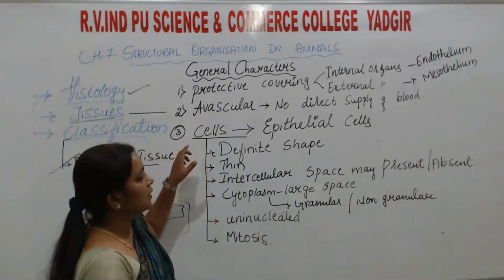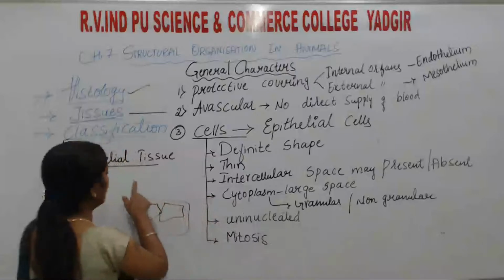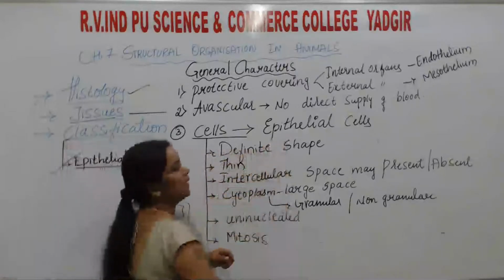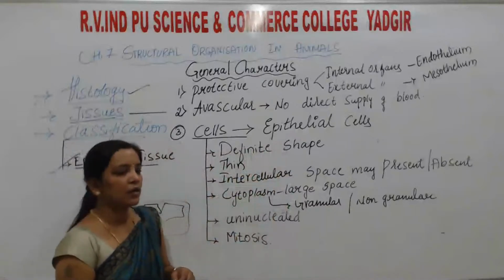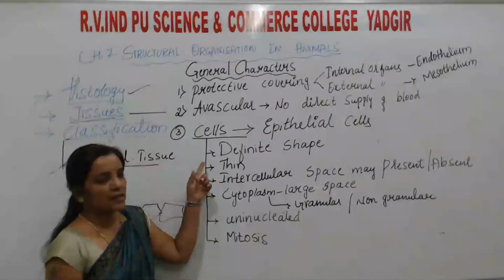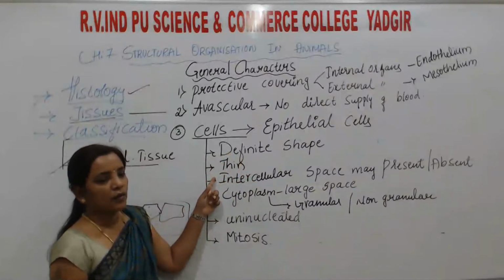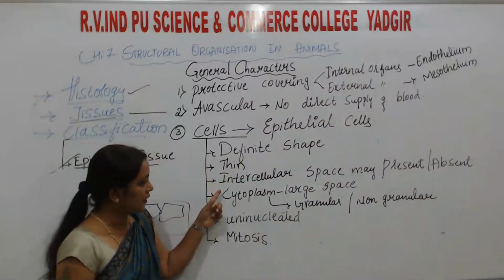And next, the cells present in epithelial tissue are called epithelial cells. They have a definite shape, and the outer covering of the cell is thin.